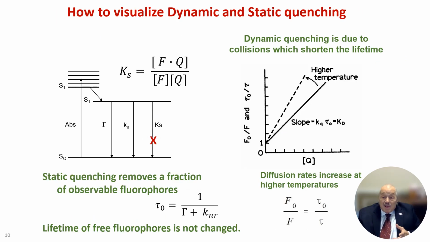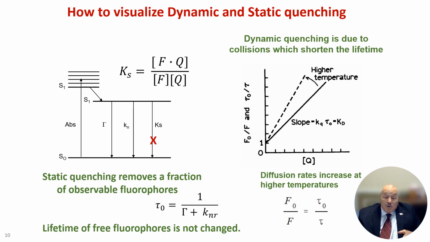How to visualize this? I like to visualize it as follows. In the case of static quenching, it's not really a rate process, but you have a phenomenon which is tying up some of the free fluorophore, and that results in what actually is quenching, but it's not due to dynamic quenching.